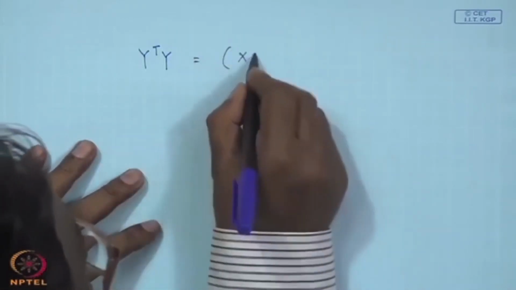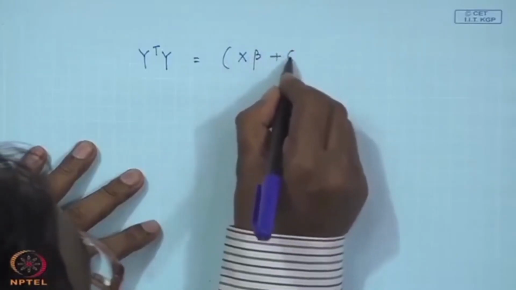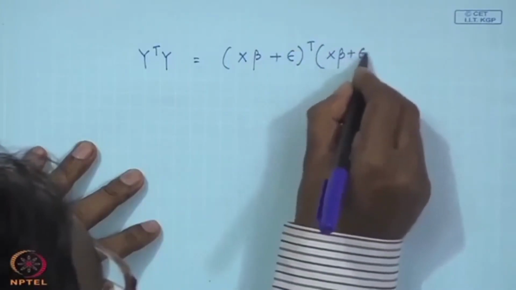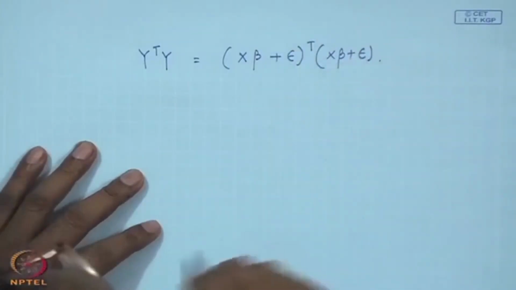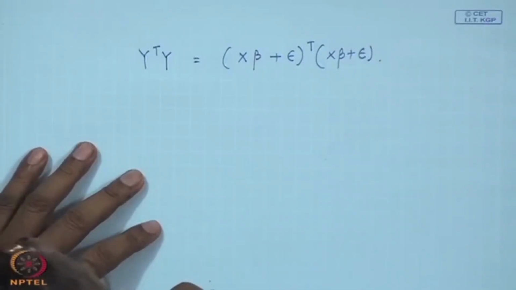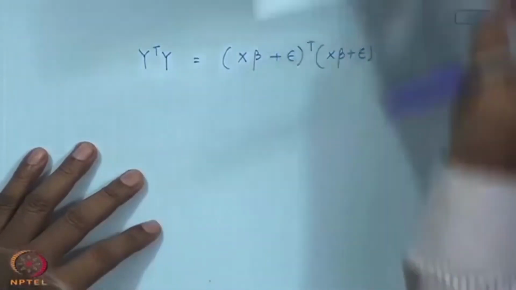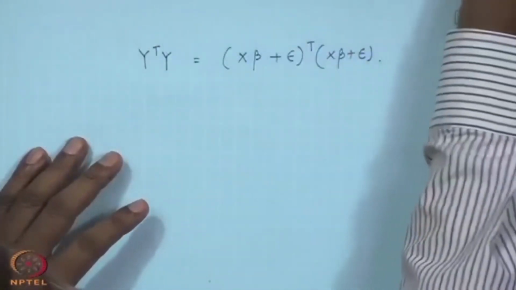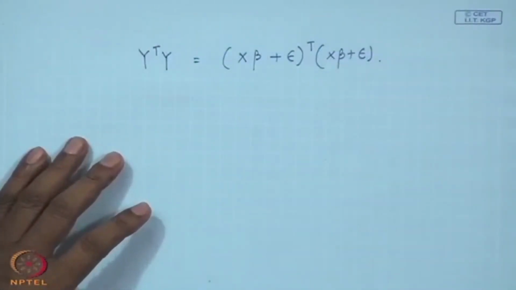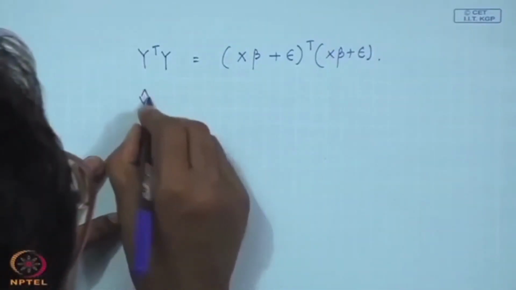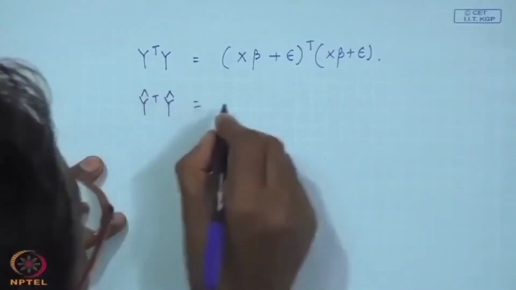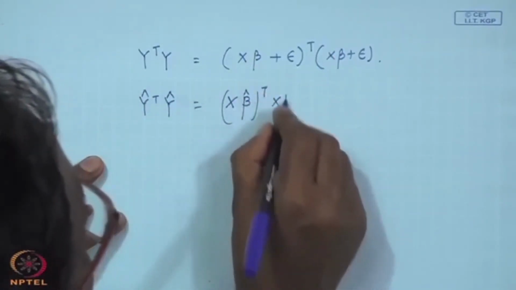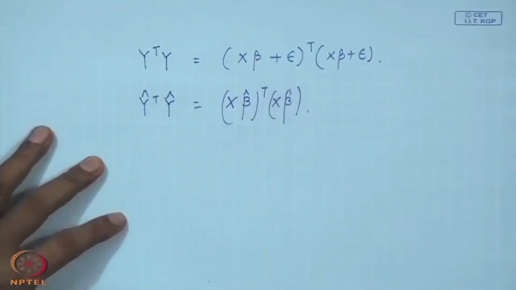This will be X beta plus epsilon, transpose, into X beta plus epsilon, because we are writing the same equation, this transpose this into this. Okay. Now, if I write Y hat transpose Y hat, then this is nothing but X beta hat transpose X beta hat.